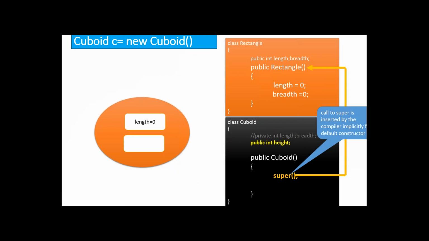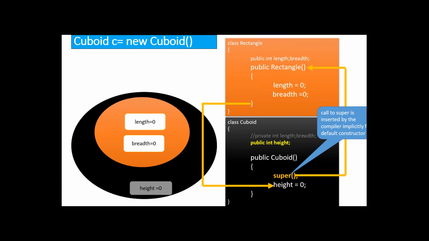So after it creates the object, length is 0, and then again you have got breadth equal to 0. Once the closing brace is reached, or once the object is created, the control will come back to the child class, wherein it will initialize the height to 0. Is it clear? So height is visible only in the cuboid class. It is not visible in the rectangle class. Okay, fine.